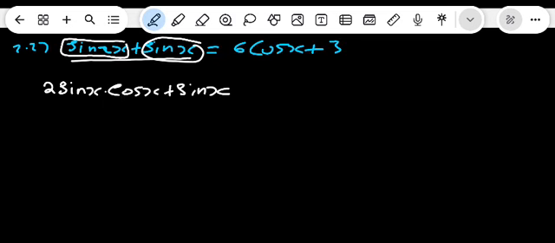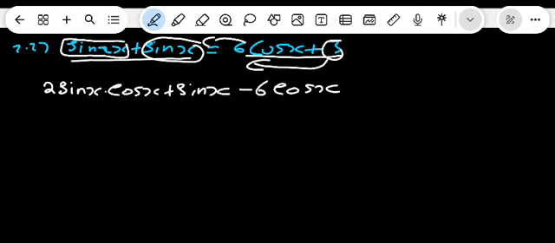Alright, so let me take this to the other side. This will be negative 6 cos x. Then I take 3 again to this side, it will be minus 3. This will be equal to 0. I take everything to the left hand side. So this is what I have.